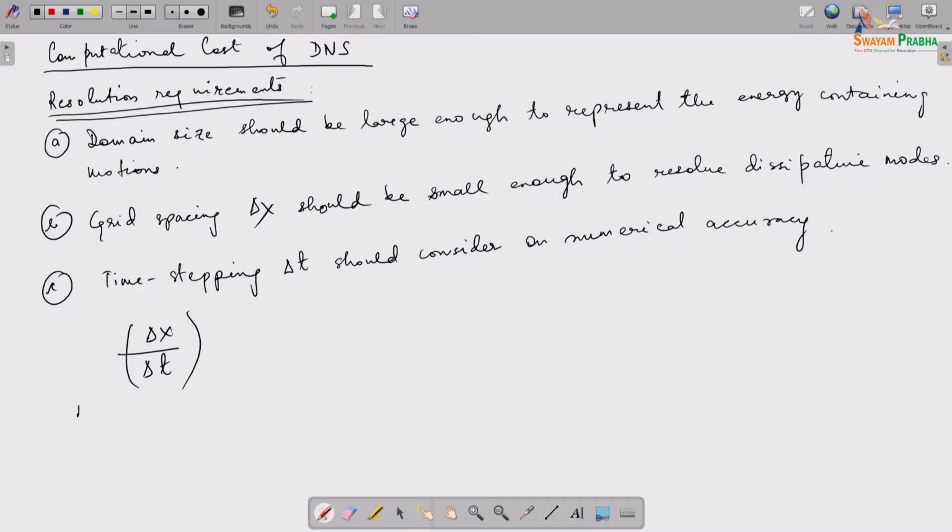All right. Now let us just say here, since I talked about this, the reasonable lower limit on L. So I should write that here: domain size L, grid spacing S, time stepping delta t.